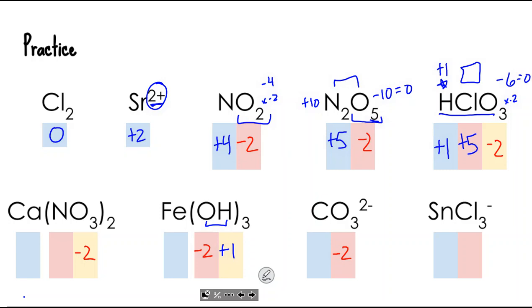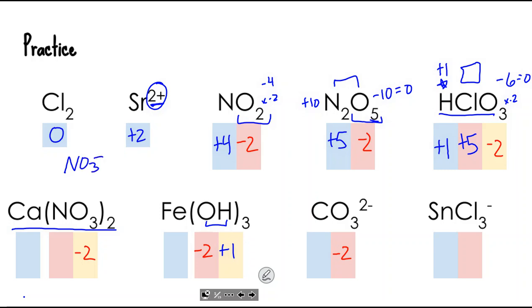Now for the ones that have polyatomic ions or actual charges on there. There's actually two ways to look at this one. I don't think we got to the calcium nitrate last time, but you can pull the nitrate out and figure out its oxidation numbers separately. Nitrate you know is NO3 minus.